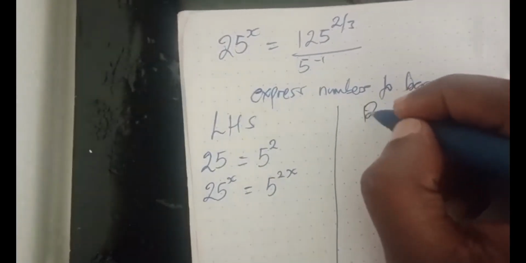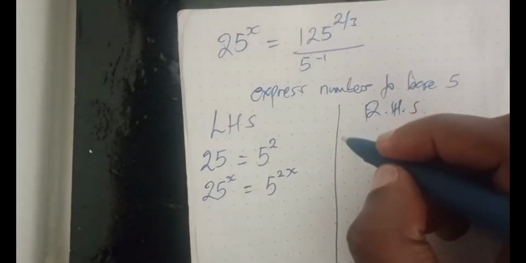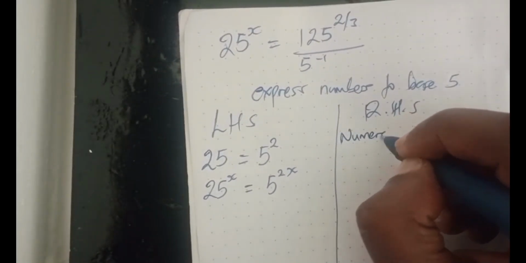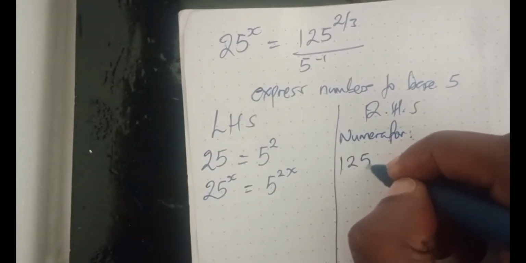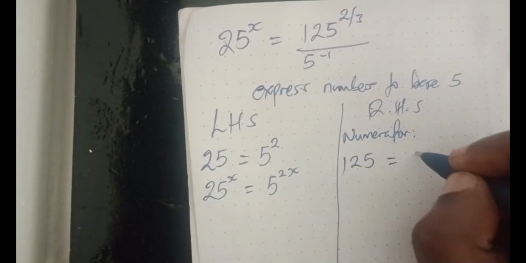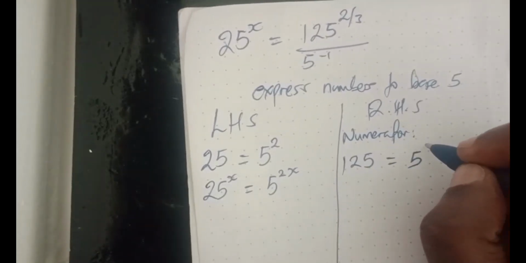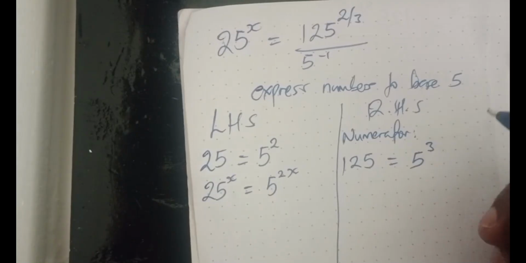We go to the right hand side. Let's start with the numerator. So on our numerator we do have the number 125. We need to convert it to a base of 5, which is 5 cubed. 5 times 5 is 25, times 5 is 125.